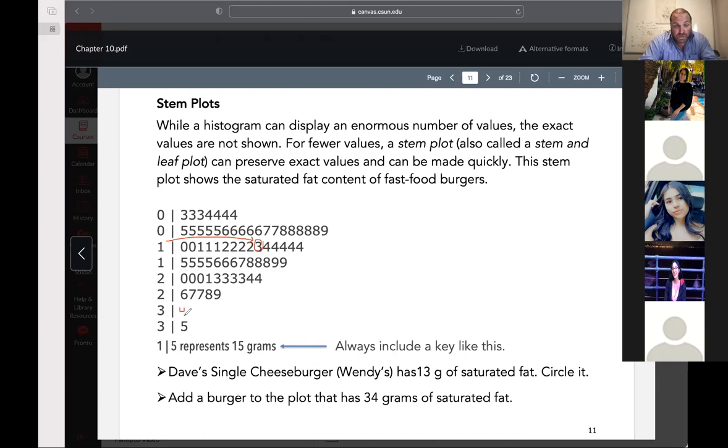I just add a 4 right there because you'll notice the first ones are all 0 to 4s, and then 5 to 9. Then repeat. 0 to 4, 5 to 9, 0 to 4, 5 to 9, and so on. Does that make sense? Questions on that at all?